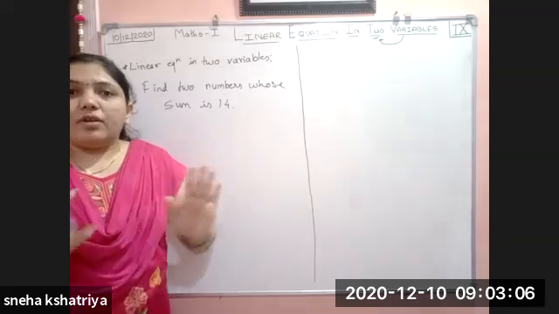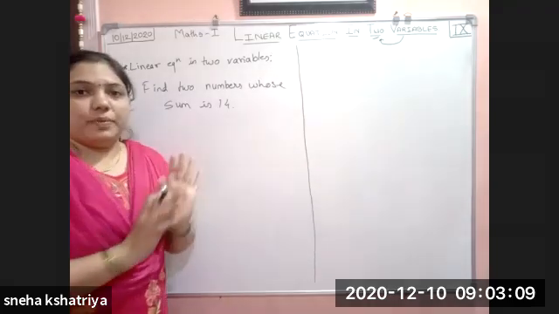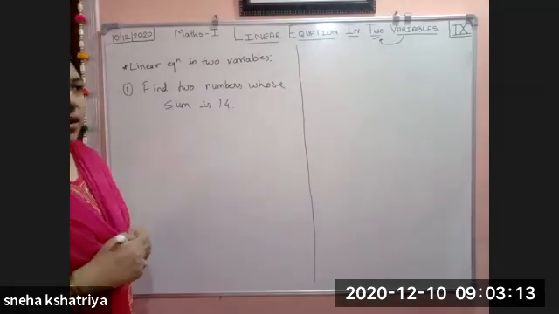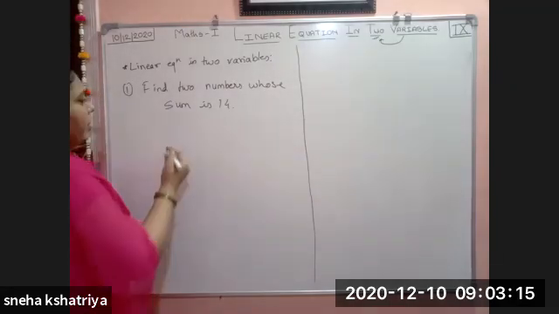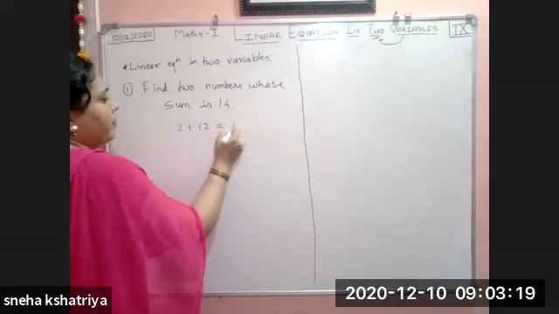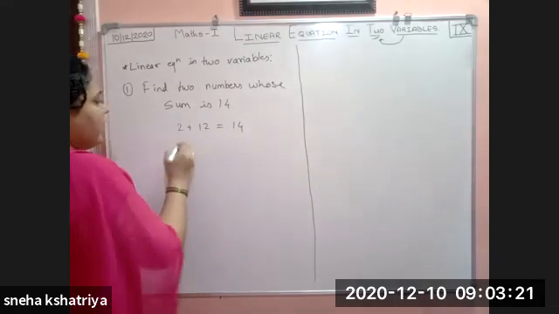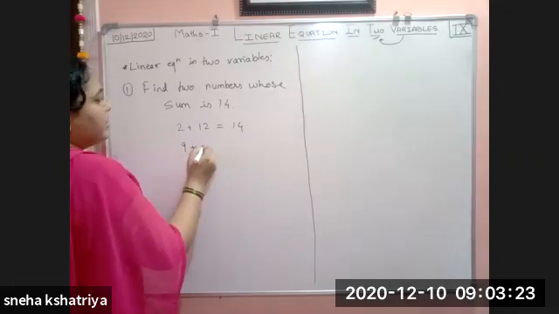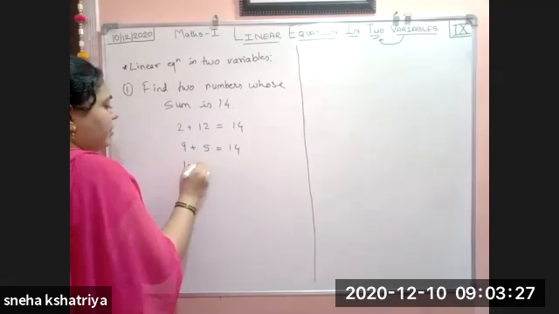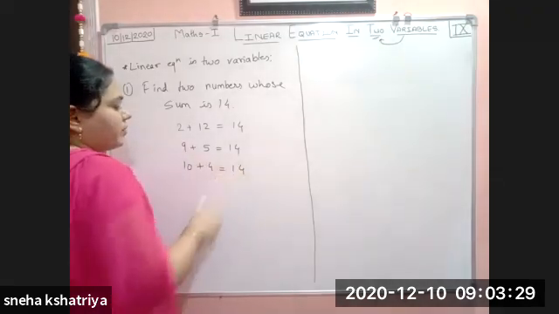14. They have not told us what the numbers should be. We have to guess and find the numbers whose addition is 14. So simply we can go accordingly: 2 plus 12 becomes 14. 9 plus 5 also becomes 14. 10 plus 4 also becomes 14.